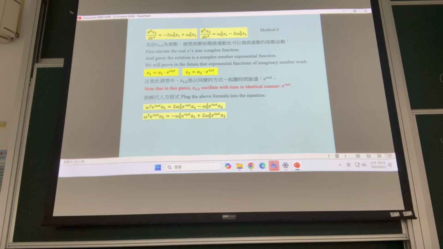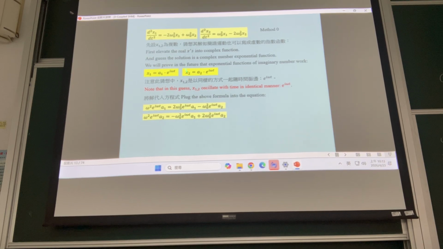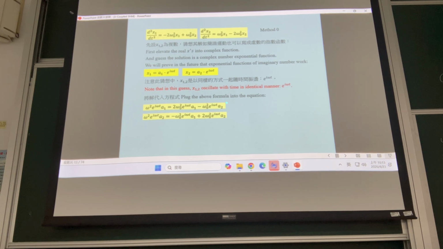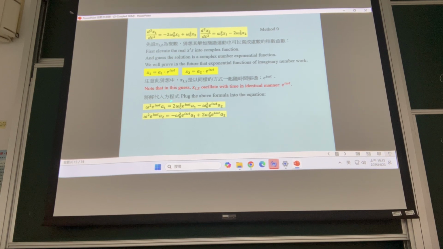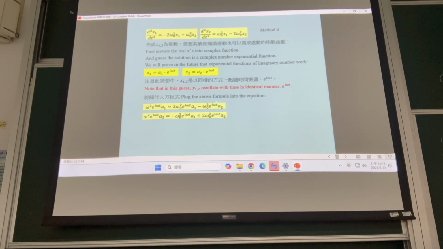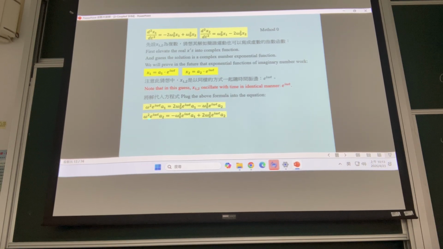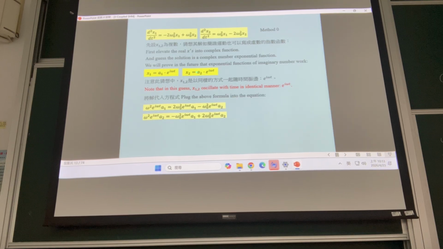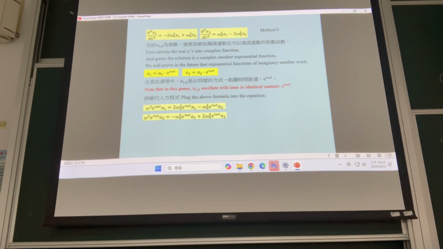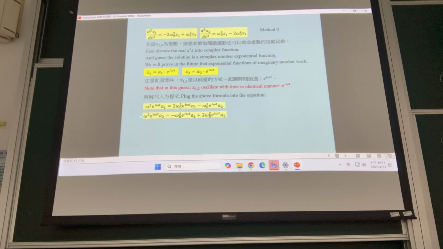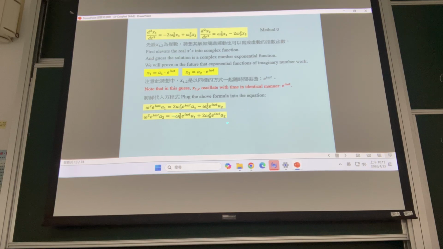The second term, I just need to plug in. The third term, I just plug in without any differentiation. So this is a1 times the whole thing, a2 times the whole thing, and omega 2. And for the second equation, when you plug in x2, again omega squared exponential i omega t a2 equals the same kind of expression on the right-hand side. Simply plug in x1 and x2 without any differentiation.